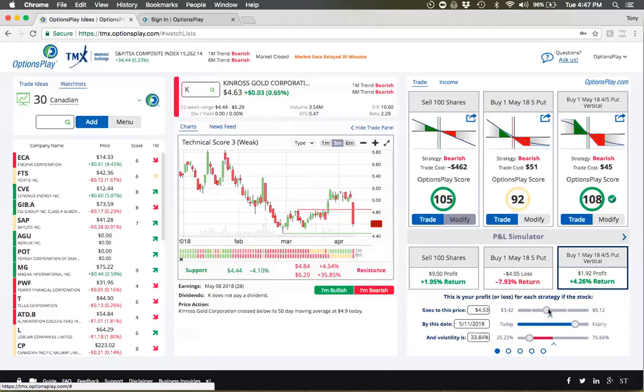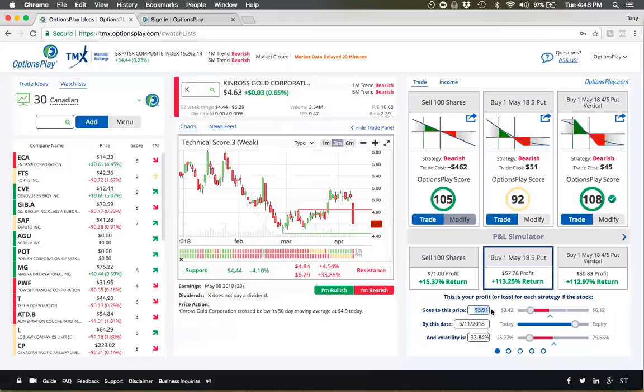So as you can see, if the stock goes down, the strategy on the right, the put vertical, will always have a higher return. But at some point, that will actually start to shift because this strategy here on the right has limited profit potential. So as you can see, the stock needs to go down to about $3.90 before this put starts to outperform this put vertical.